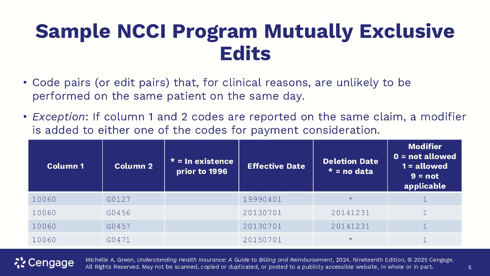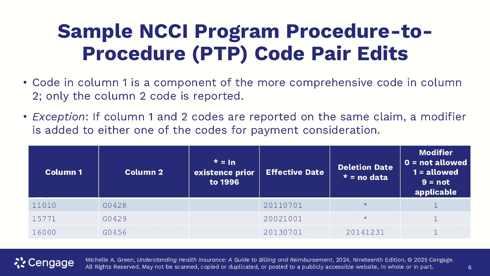At the end of each row, there is a modifier indicator, not an actual modifier, but it's an indicator of 0, 1, or 9 that lets you know if a modifier can be added, right? So for these 4 scenarios, a modifier could be added for payment consideration. And why do I say payment consideration? Right? Because they still have to approve the payment.